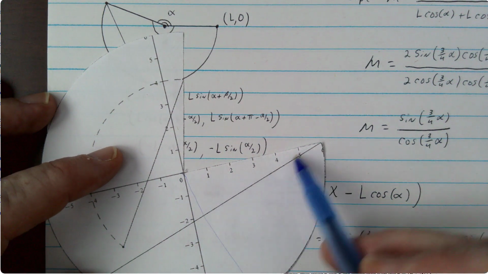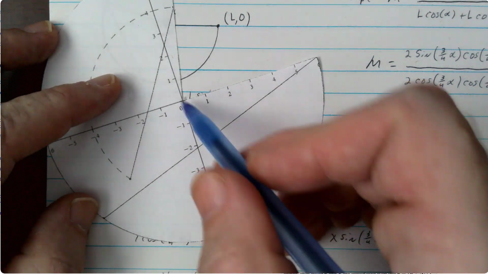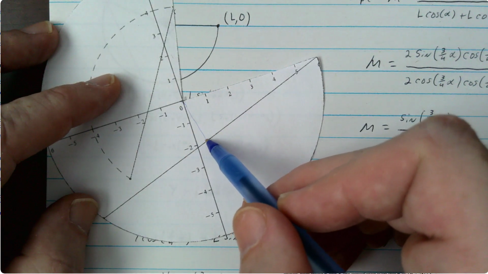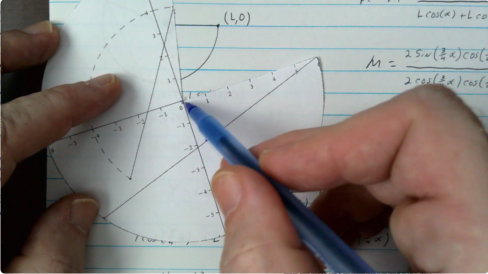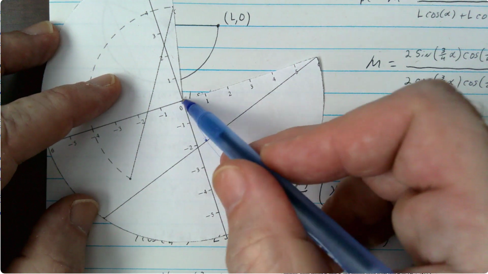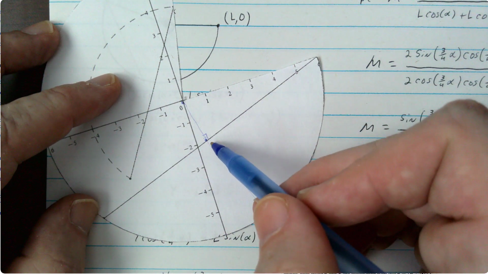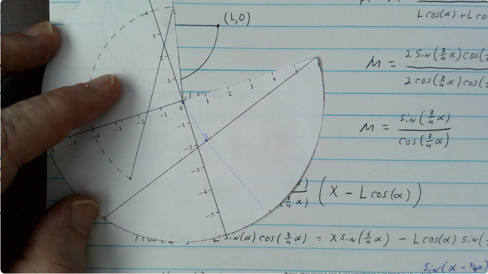So the angle that's midway between here would be where this is closest to the vertex, or equivalently, if this is closest to the origin, I should say, then this is farthest away from the end of the circle.